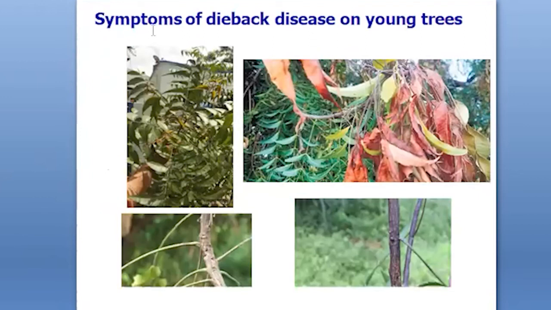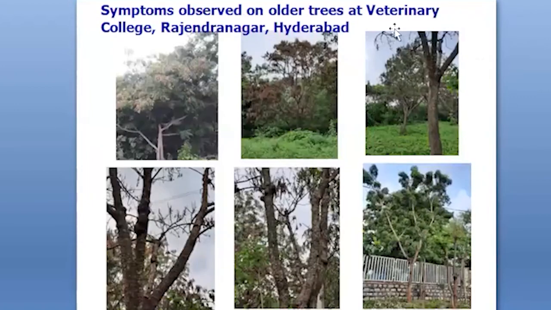You can see on the young trees, these are the type of symptoms we have observed. You can see the tips are affected. And here, these dried twigs are opposite to the healthy brown twigs. And these are some protrusions which we observed on the affected areas in the young trees. We have also gone through our veterinary college, which has a neem garden.